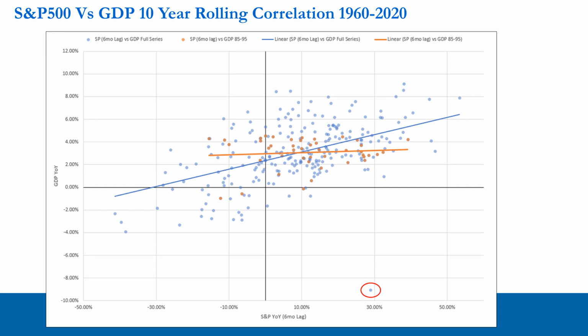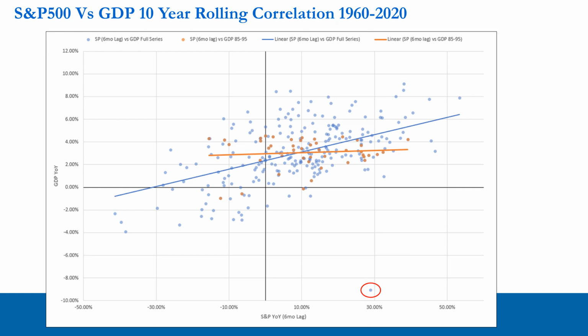And then the bottom left quadrant is when GDP is reported down and S&P is reported down as well. So they're moving in the same direction. And then you can see the top right quadrant. This is where GDP is reported up and S&P 500 is reported up.